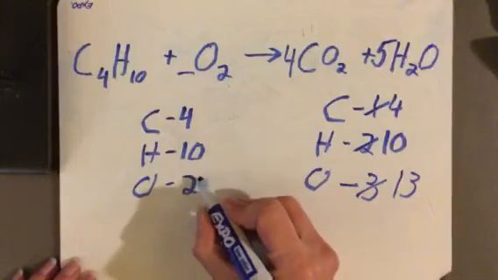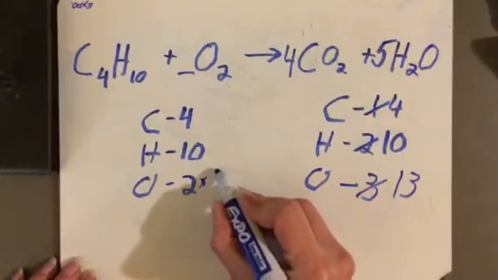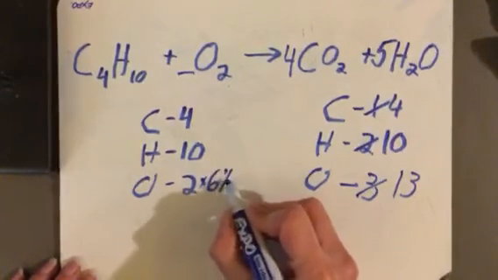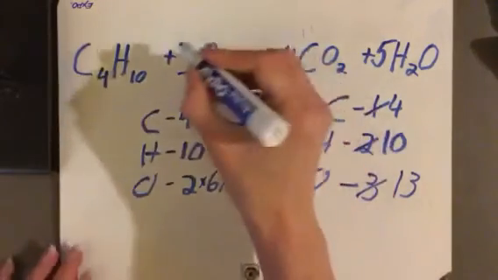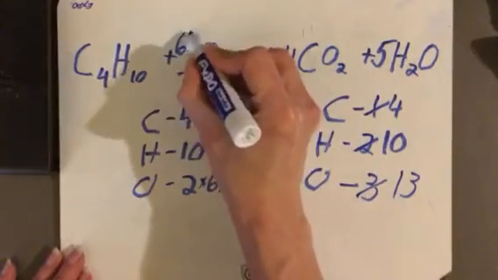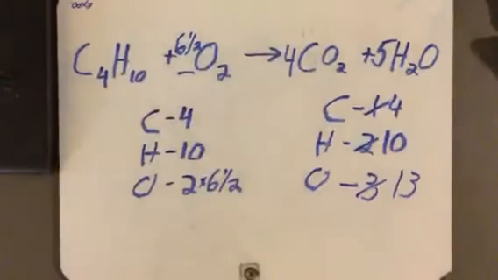You know that we could multiply it by 6.5. Well, that seems silly. Can we have a half of an oxygen molecule? No, you can't. But for just a second, I'm going to write that 6.5 right here. Okay. But I know I can't leave it.